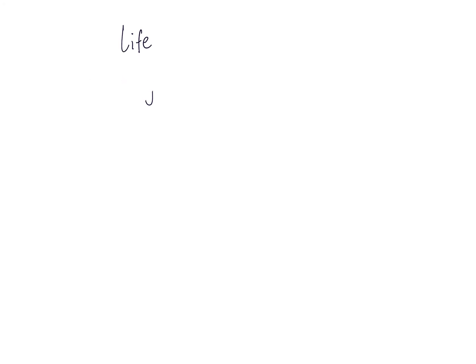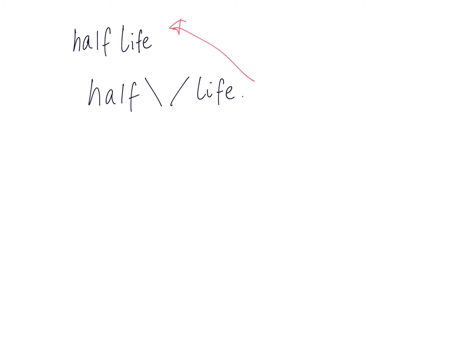Let me write you just one part of the word. So if I wanted to write half-life, I would put half, and then I'll have backslash, forward slash, and then life. And if you use this formatting, you'll notice that the half-life is written in such a way that it can be read easily. So put backslash and then forward slash, and you'll get half-life as a word, just like this, without the I and the F merging together.